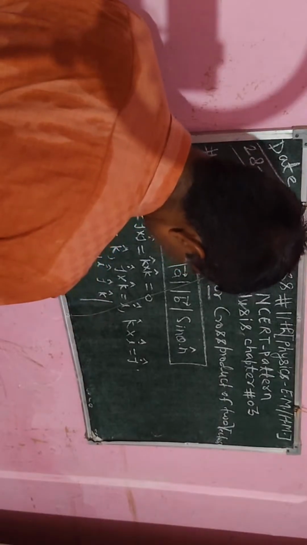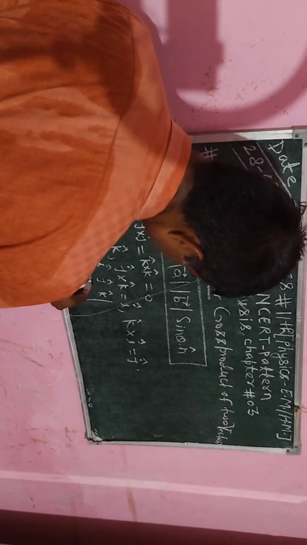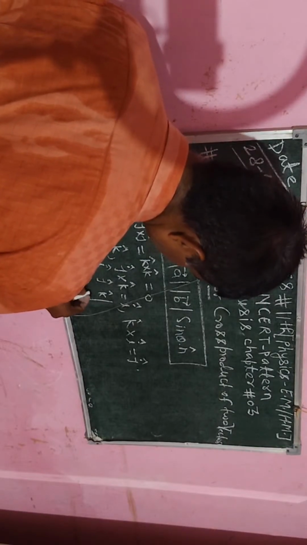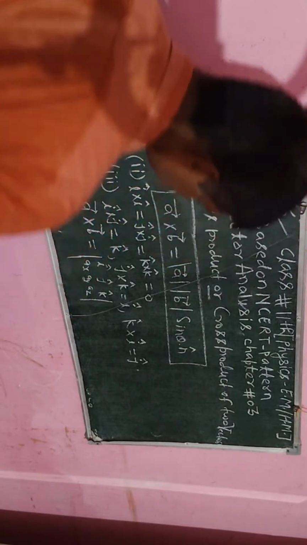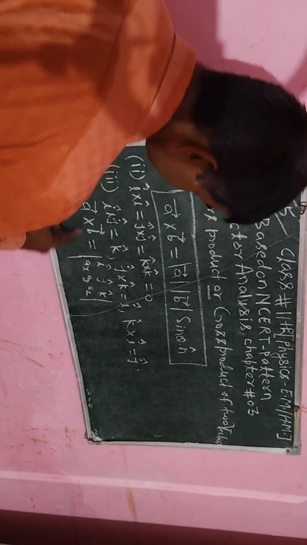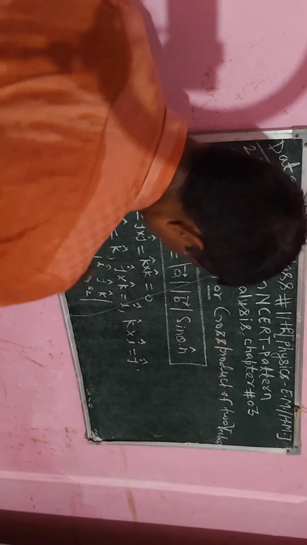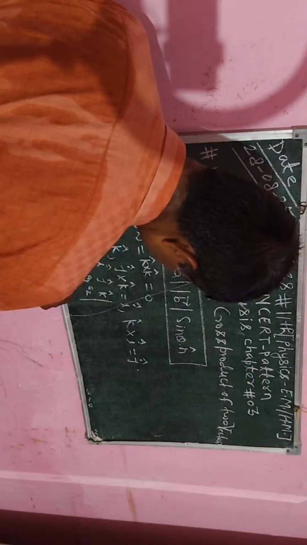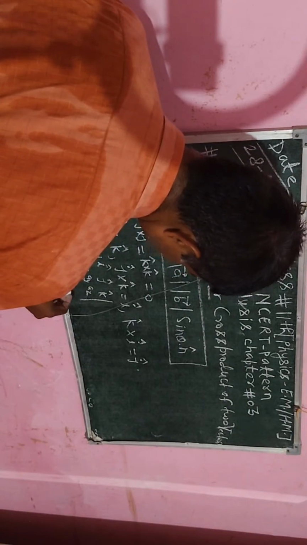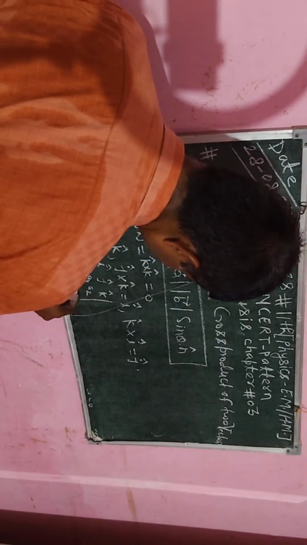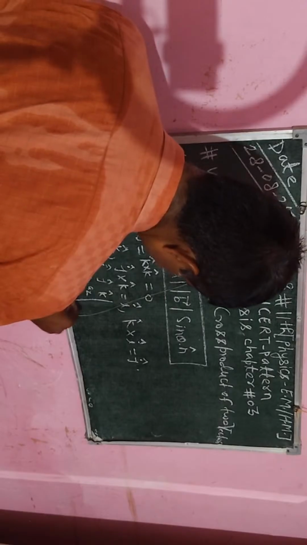Here I will write the coefficients of i, j and k in vector a, and similarly the coefficients of vector b along i cap, j cap and k cap, which are bx, by and bz.